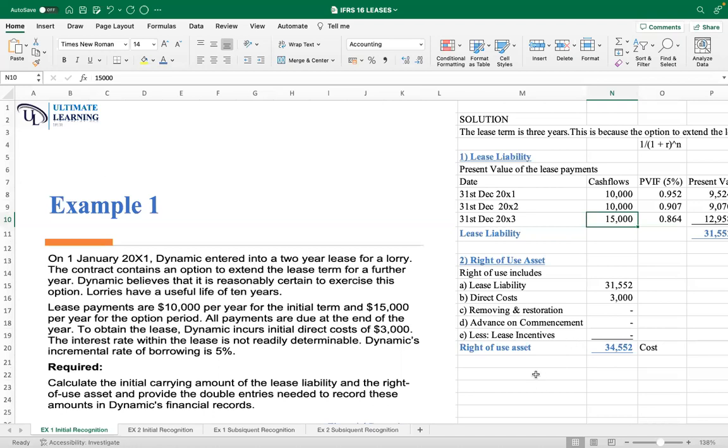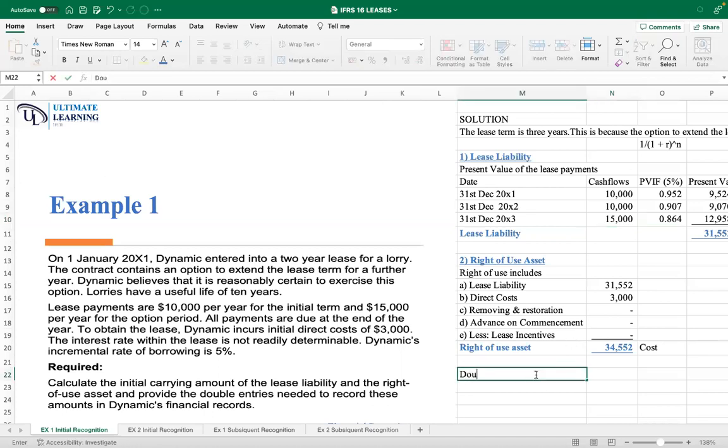Now, what is the double entry? You are also asked for the double entry. In our double entry, you will debit right of use of asset, because this is an asset, the cost of the asset rather.